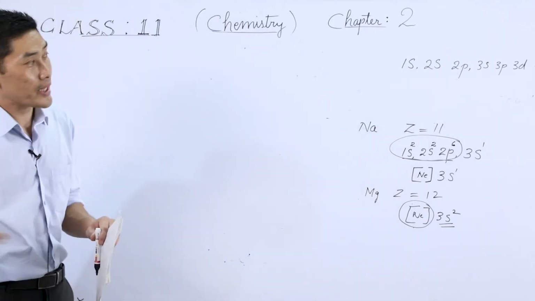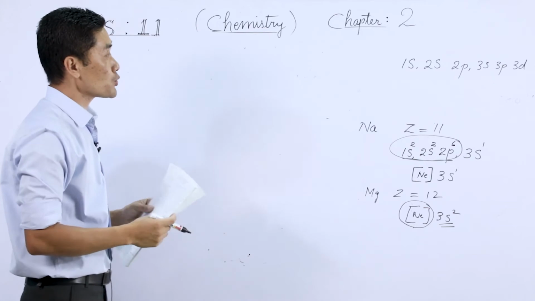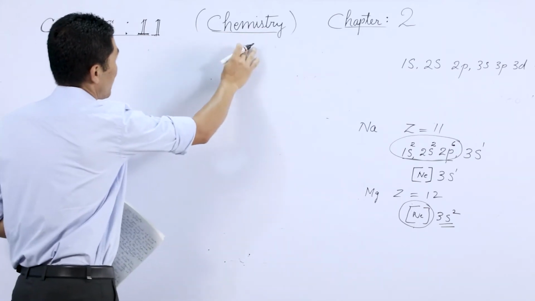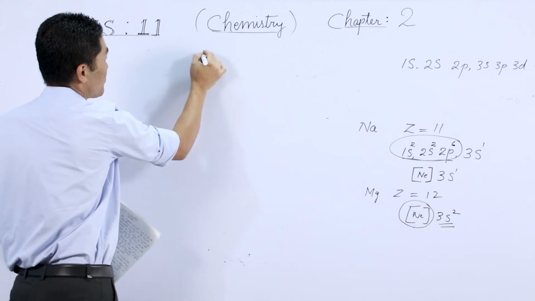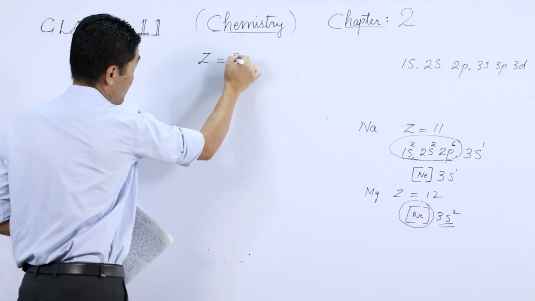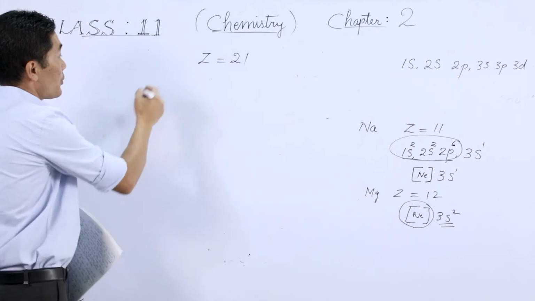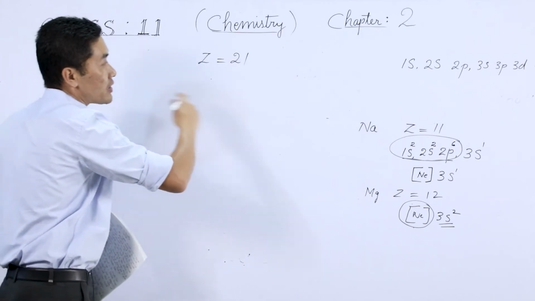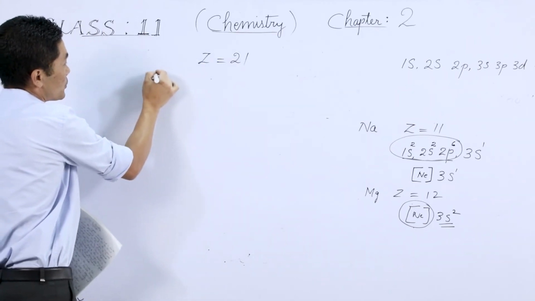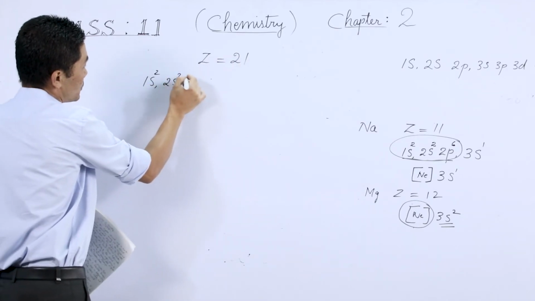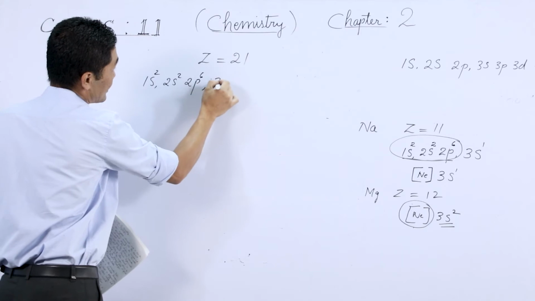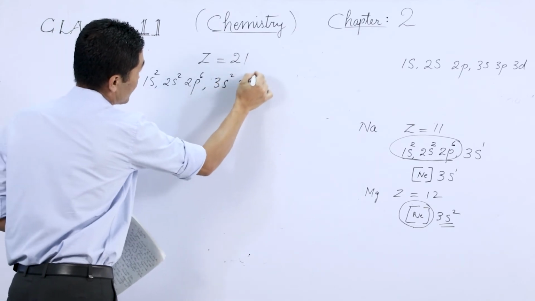Then let us go to an atom with atomic number more than 20. Suppose scandium. Scandium with atomic number 21. If we write the entire configuration, this will have 21 electrons. So 1s2, 2s2, 2p6, then 3s2, 3p6.